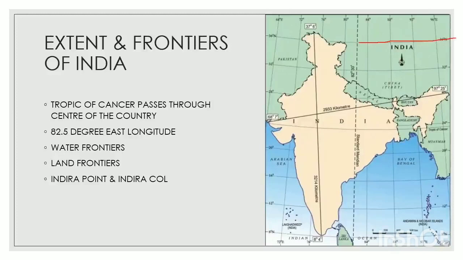We call these lines latitude lines. What are longitude lines? These lines run from north to south. We call them longitude lines. We have two lines passing through India, one longitude and one latitude. Now you can tell which is which in that picture.